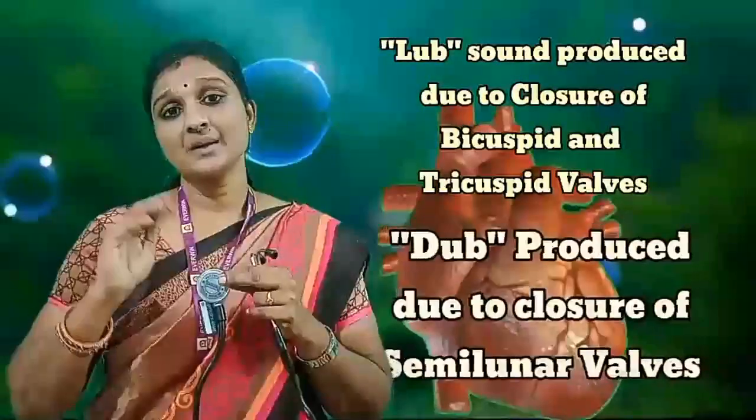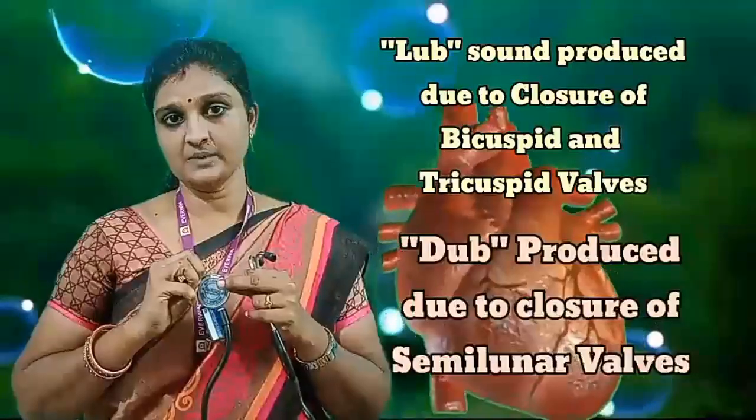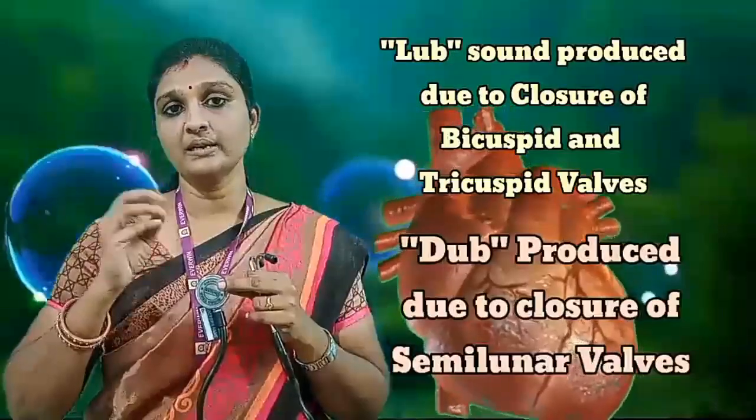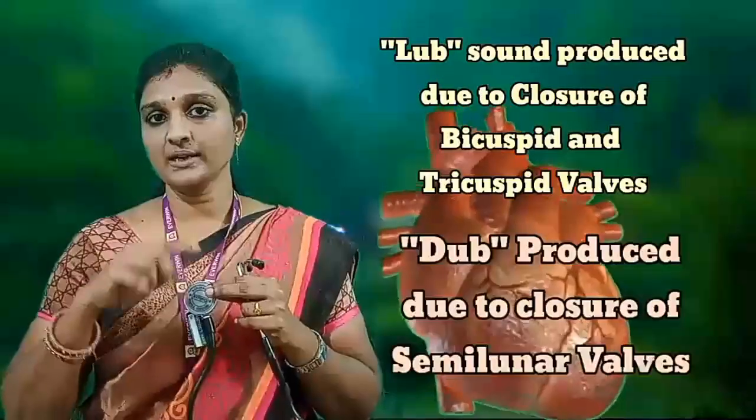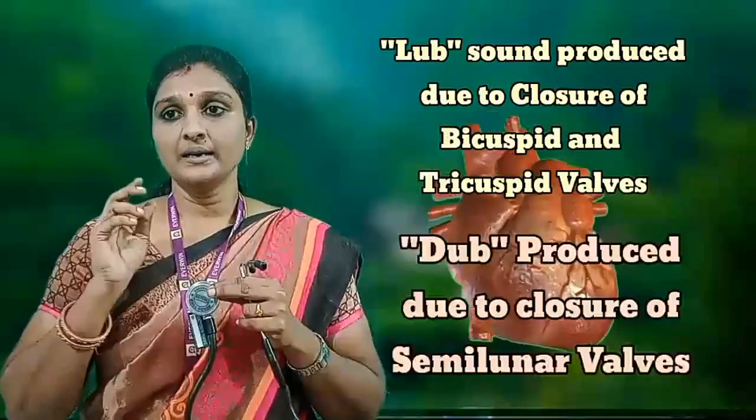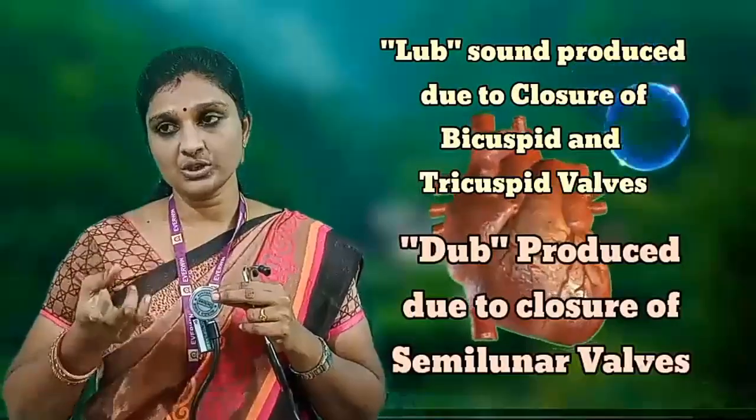When the semilunar valve closure takes place, at that time you will get the dub sound. So the lub sound is due to the closure of the tricuspid and bicuspid valves, and the dub sound is due to the closure of the semilunar valve. So two kinds of sound you will hear in the cardiac cycle. These two sounds are very prominent.